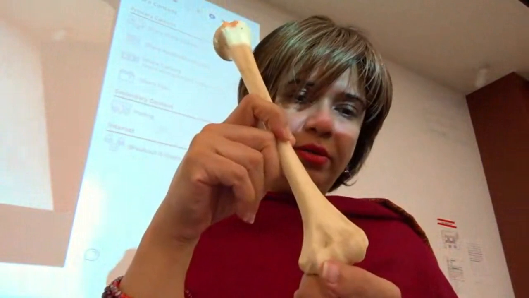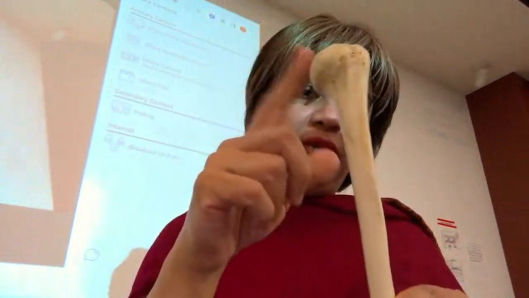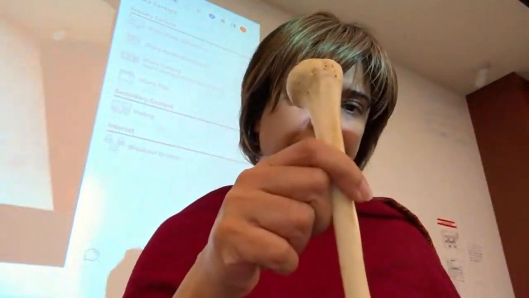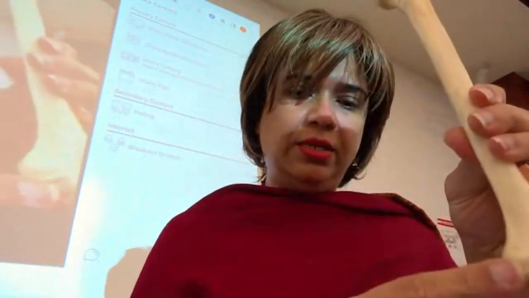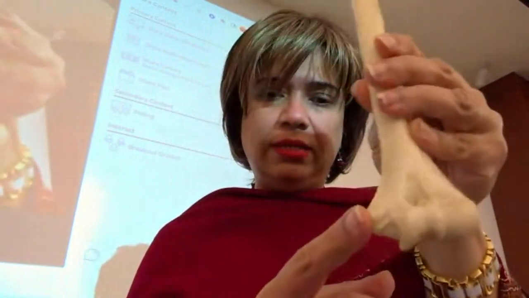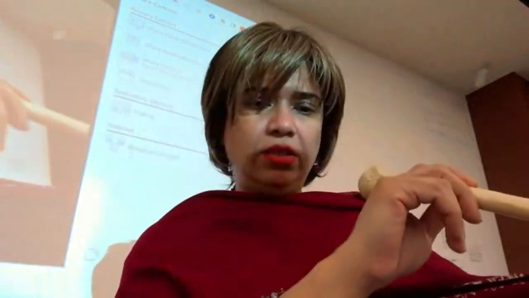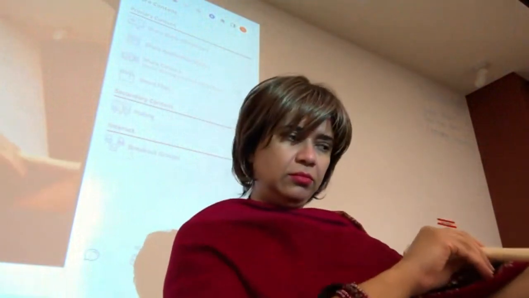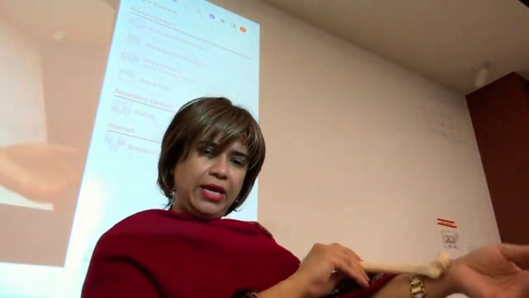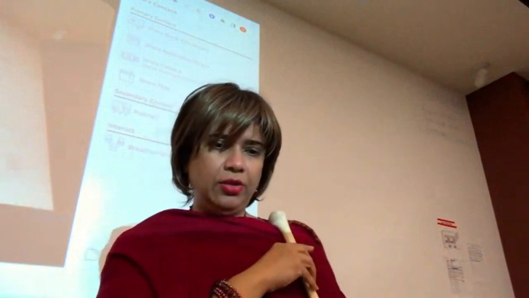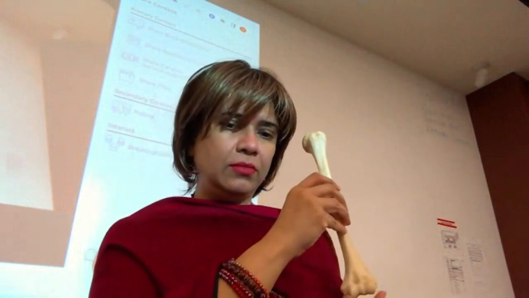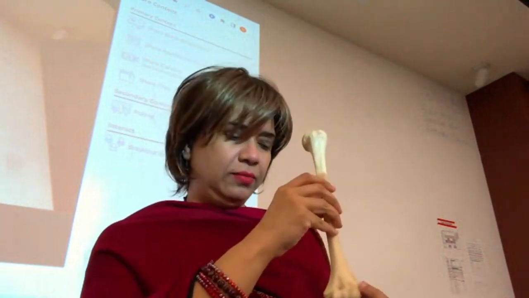Okay, so knowing all that, now we can figure out which side humerus this is. This is going to be posterior, facing back. Head is going to be medial. This is your greater tubercle, is going to be laterally present. This is medial epicondyle. So now if I put it on my left arm, you can see the head is medial.